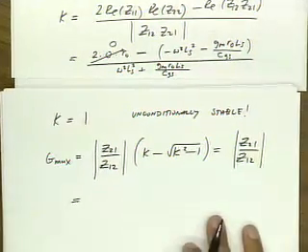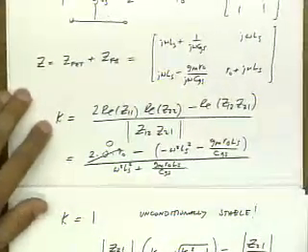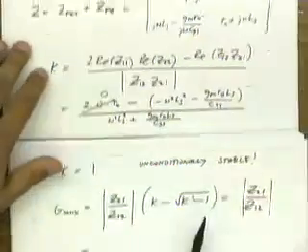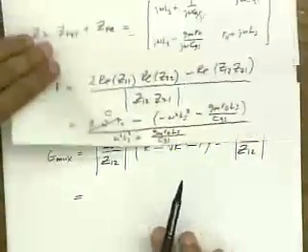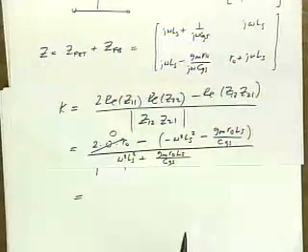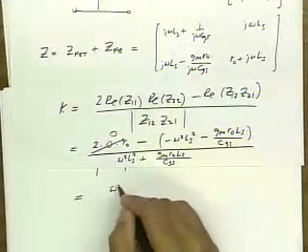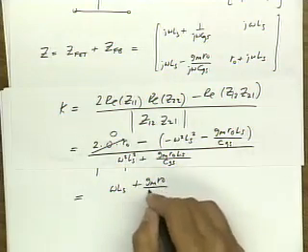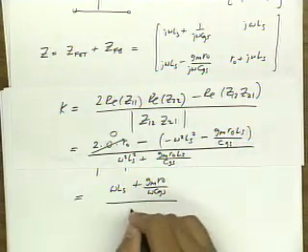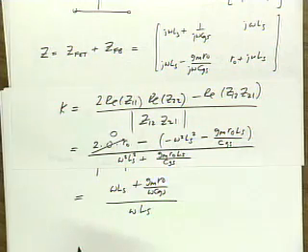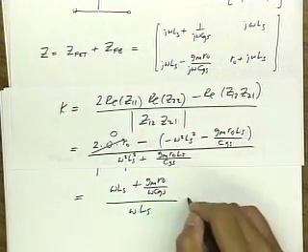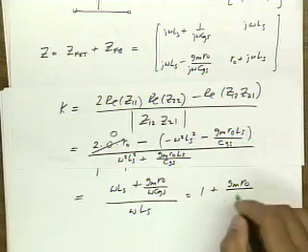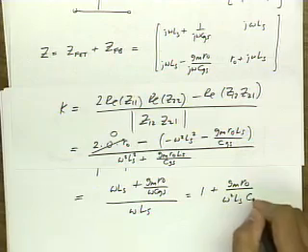And Z21 we found, this is Z21 magnitude, and this is Z12. So if I just substitute here, sorry I can't show both. Maybe I can try. So Z21 magnitude is omega Ls plus gm Ro over omega Cgs, over omega Ls. And if I simplify this, this turns out to be 1 plus gm Ro divided by omega squared Ls Cgs.